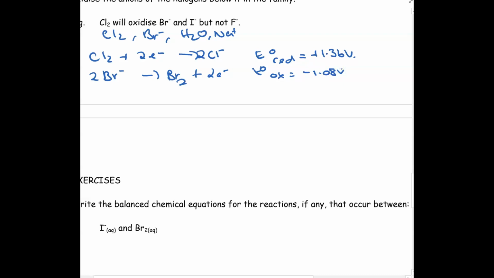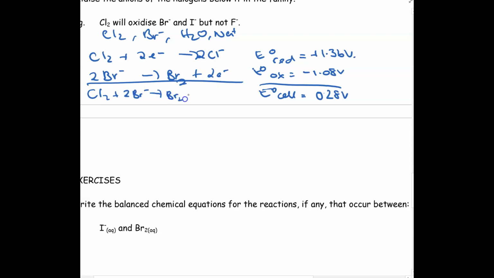So this reaction is likely to occur because 1.36 add negative 1.08 is positive 0.28 volts. So notice the position of your fingers, left above the right hand side. Now let's try it with iodine.